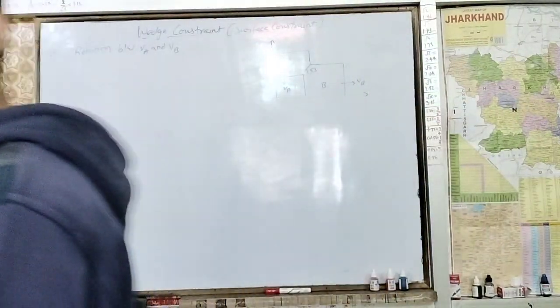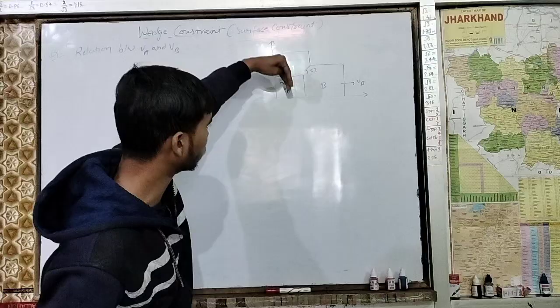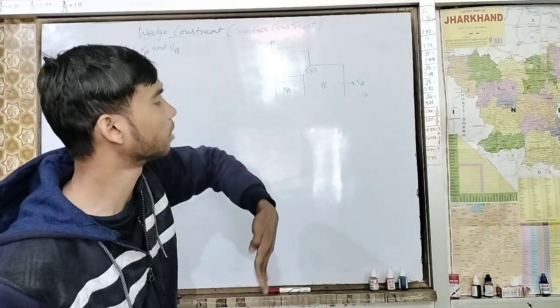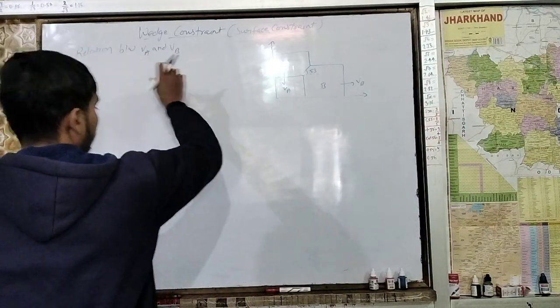One component of VA and another component of VB we have to find: one vertical component and a horizontal component. Relation between VA and VB.